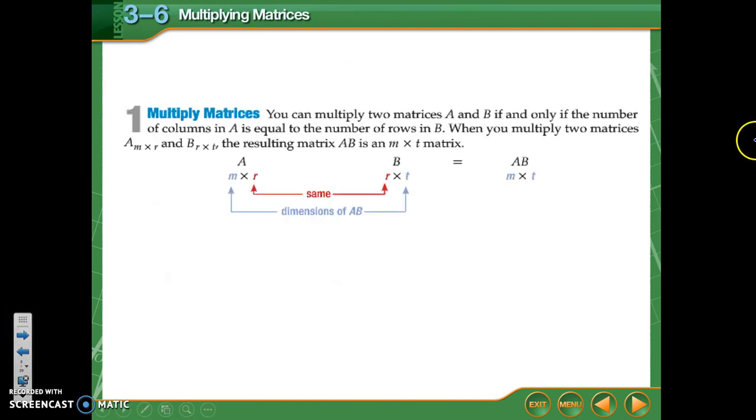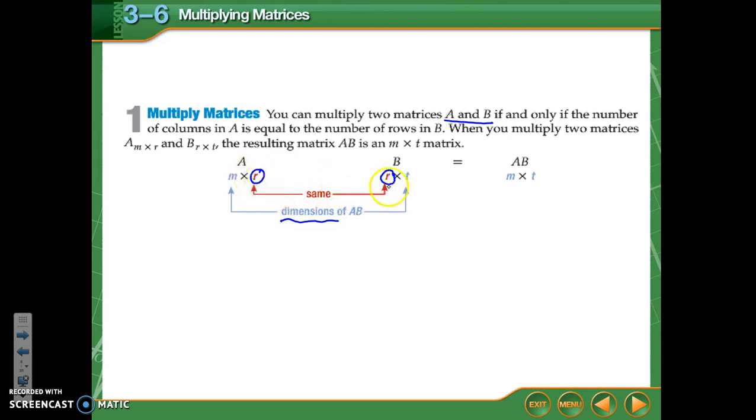Alright, so when I multiply matrices, I have to know the dimensions. The dimensions are 100% important to figure out whether or not you can even multiply two matrices together. So this says you can multiply two matrices, A and B, if and only if the number of columns in A, so that would be this part of the dimension here, is equal to the number of rows in matrix B. These two inner dimensions, we call them, have to match.